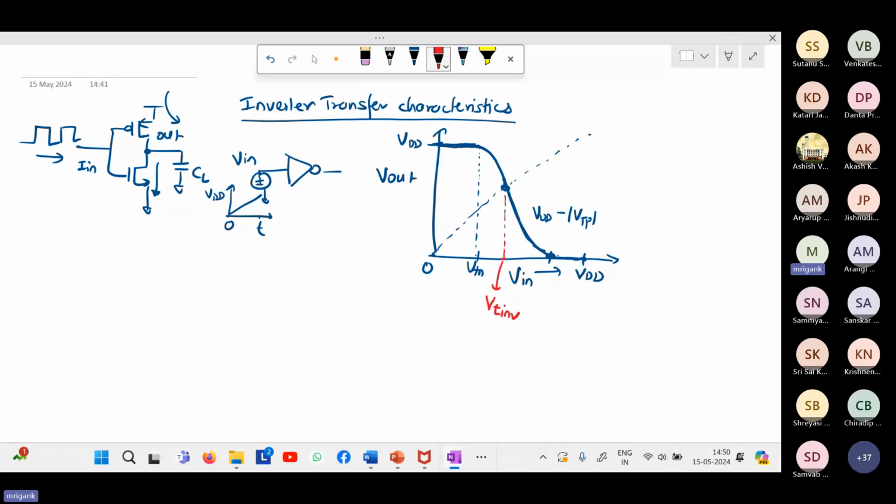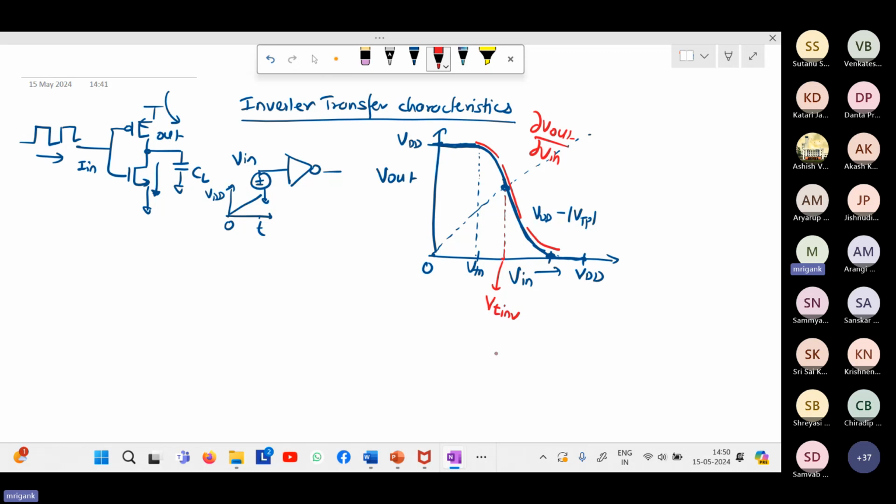As all of you have seen in analog circuits also, there is a region which is having high gain and is depicted by the slope of the curve. So del V out by del V in is high in this entire region, right? It is highest here, the slope is highest here, and then it gradually dies down. The highest gain region, the small signal gain, is in the middle. In the middle, you get maximum dV out by dV in.